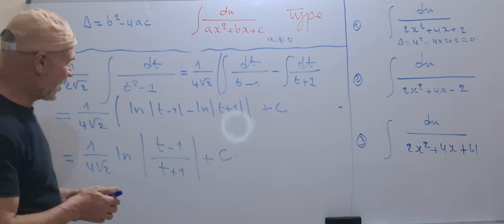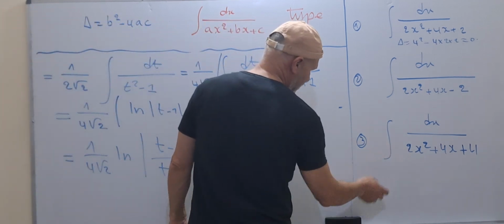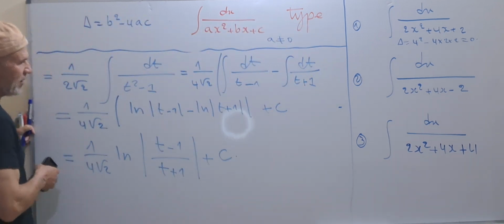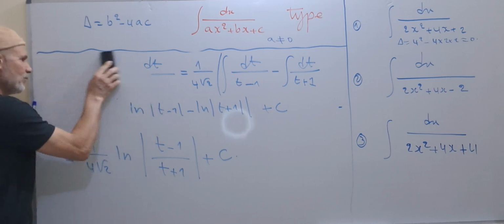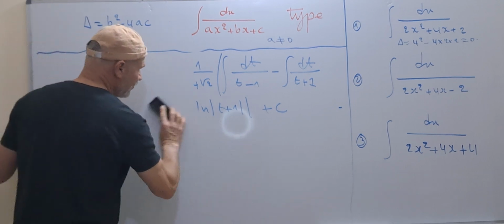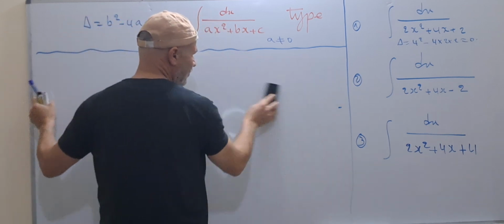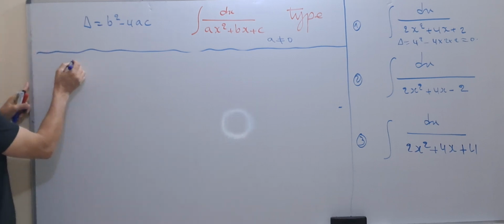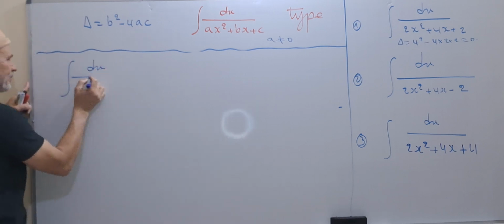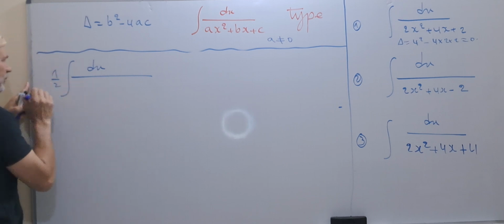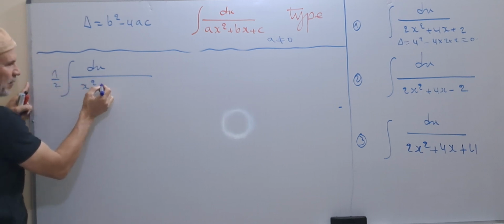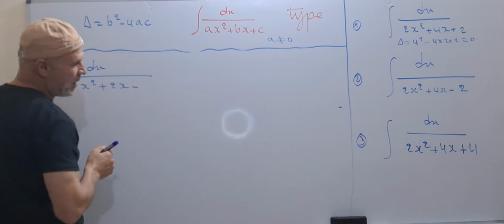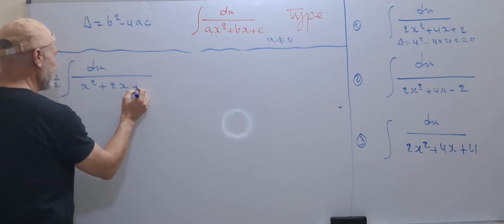The last case, as an example, is when delta is strictly less than 0. dx over 1 over 2 x square plus 2x plus 2.